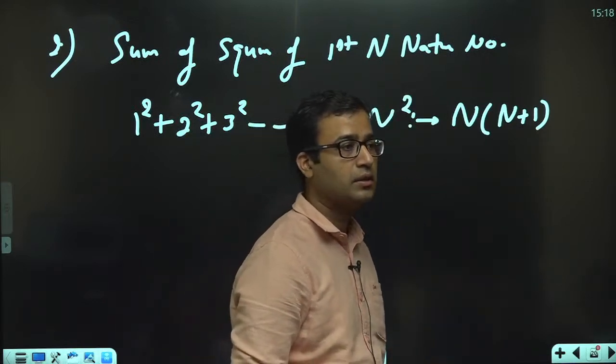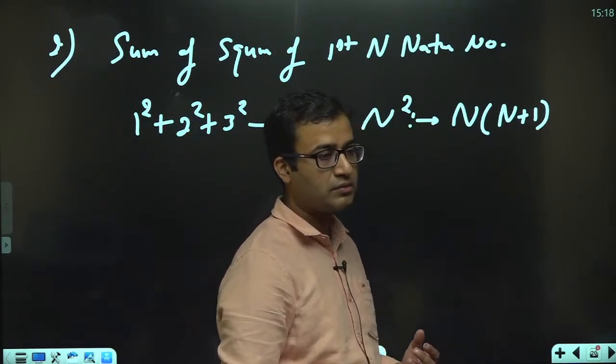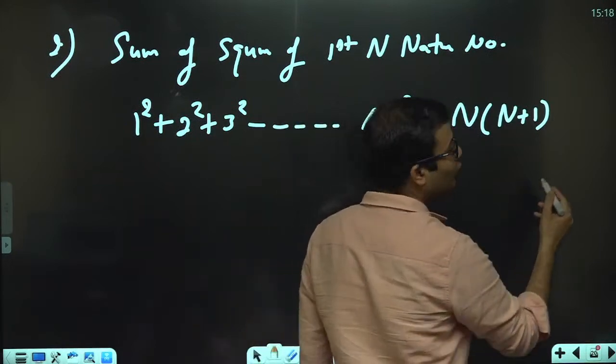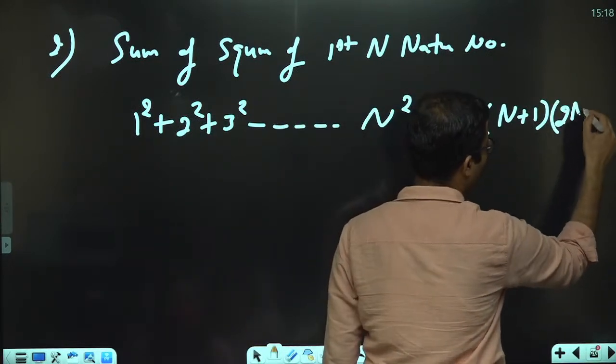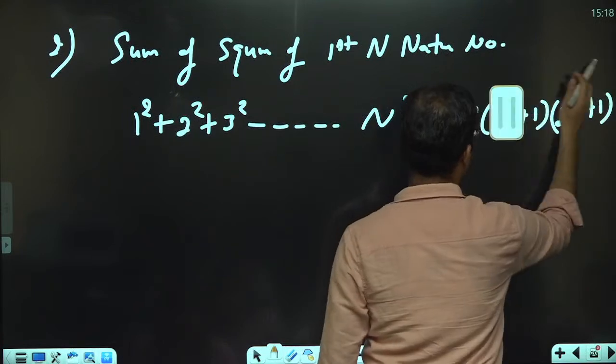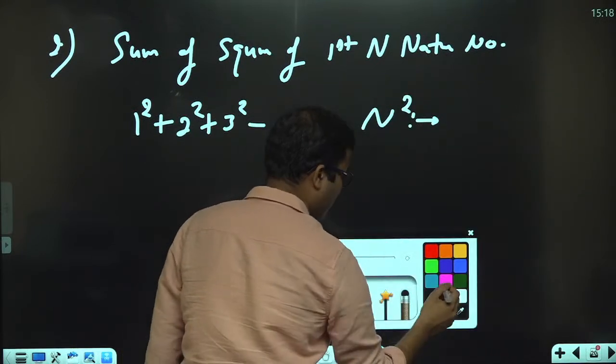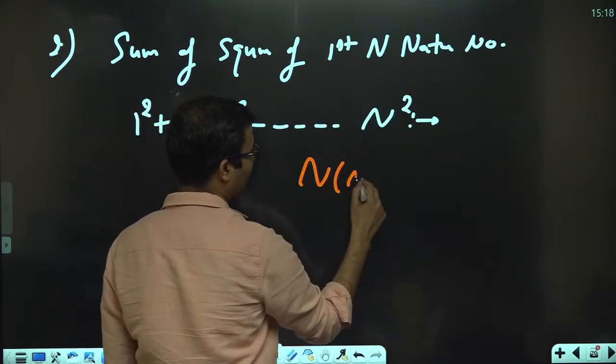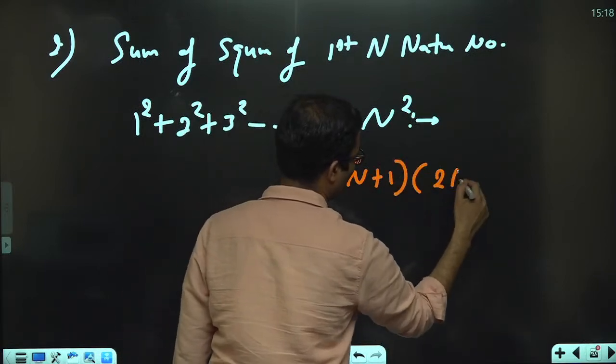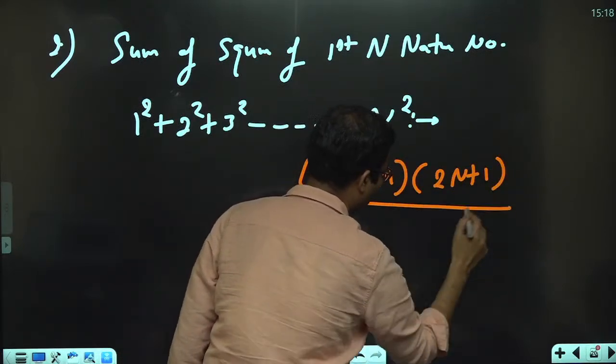Anybody else? n into n plus 1 into 2n plus 1 by 6. तो आपने whole square बोला ना, you told, I got confused. Don't confuse me. It is n into n plus 1 into 2n plus 1 divided by 6.